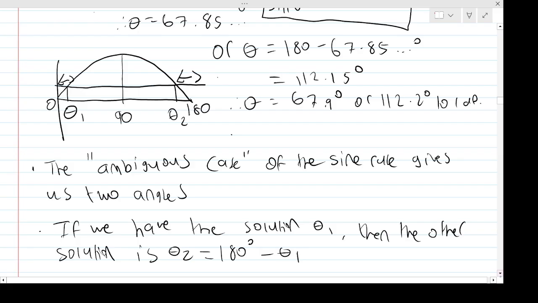If that makes any sense, just look at the graph. Because it's symmetrical, the two solutions are the same distance away from each other. So it's 180 take away that. So we've got two different angles.